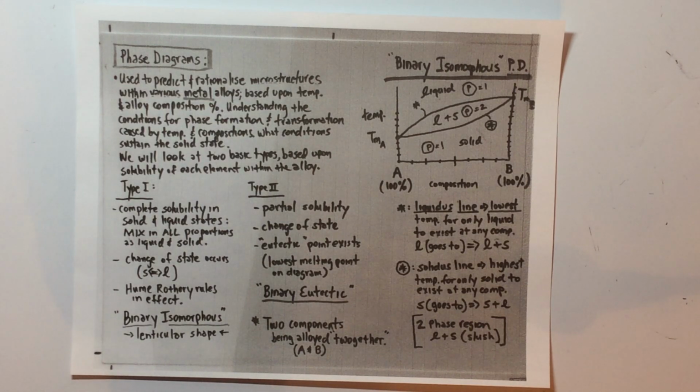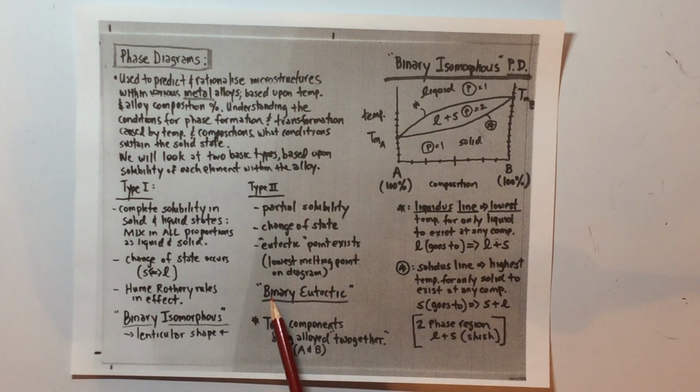There will be another change of state, but this particular diagram is unique in that it does have what we call a eutectic point. That eutectic point shows the lowest melting point on that phase diagram for both elements when they're combined, and that's a unique situation, and we'll show that to you in detail starting tomorrow.